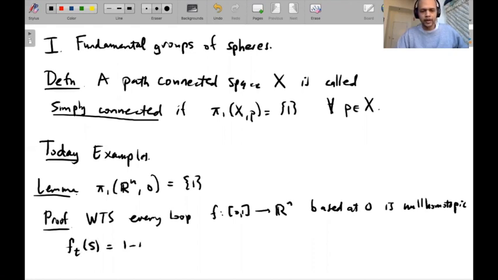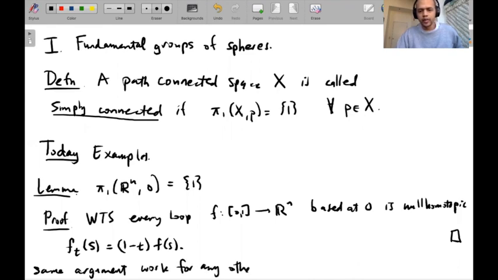Define a homotopy like this. At time 0, this is doing f, and at time 1, this is just the constant map 0. And the same argument works for any other base point.